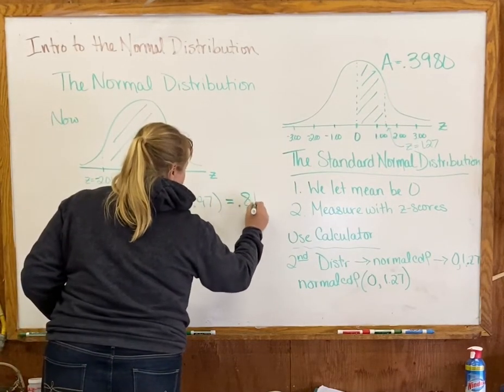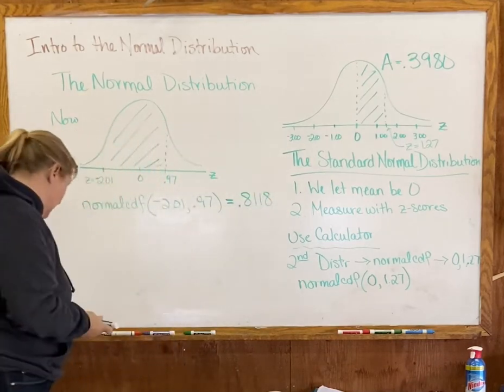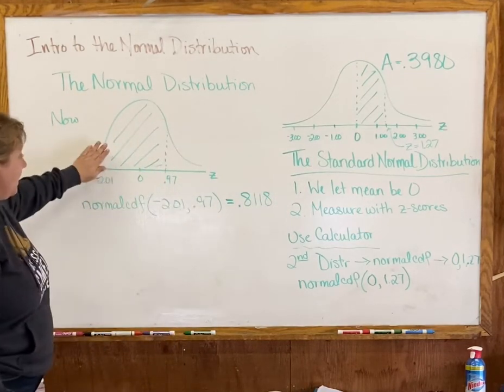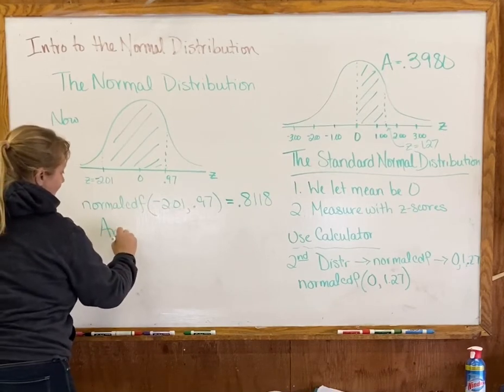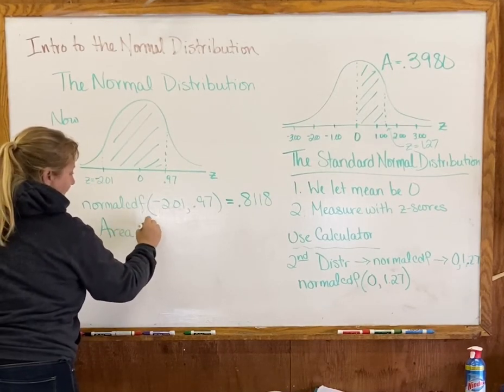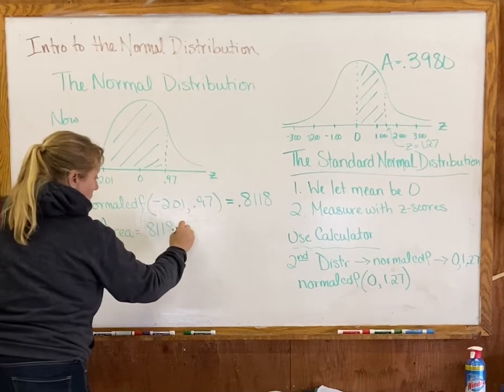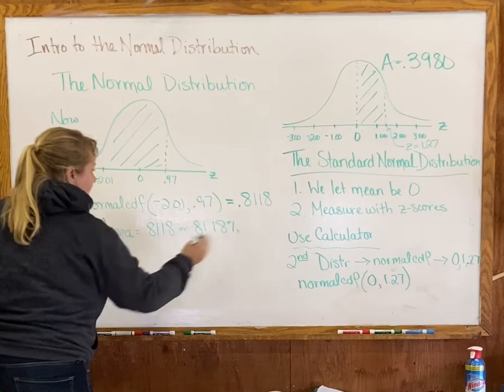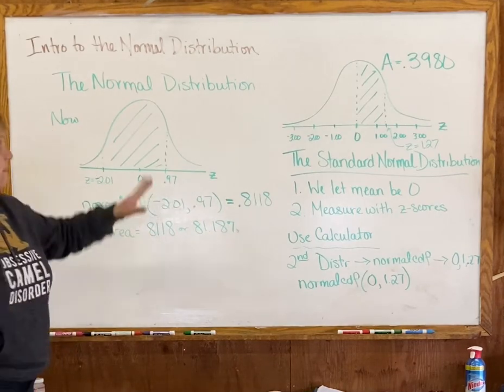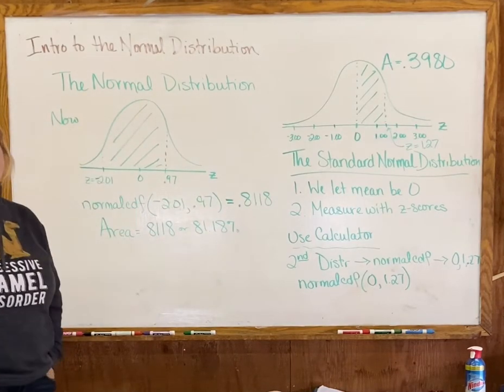So 0.8118. What it's telling us is that this area here, the area that's shaded in, is 0.8118 or 81.18% of the graph. Now remember, my graph is just a guideline to go by.